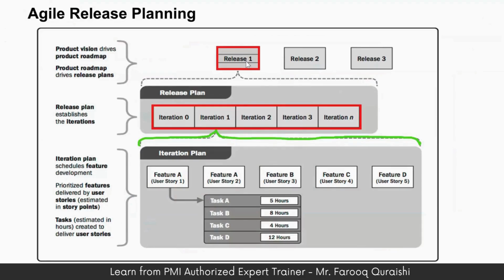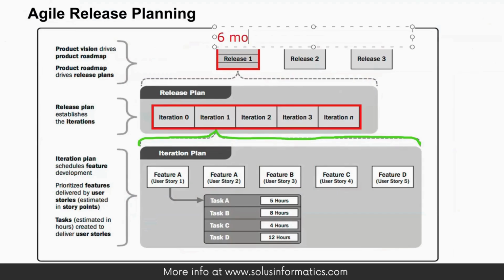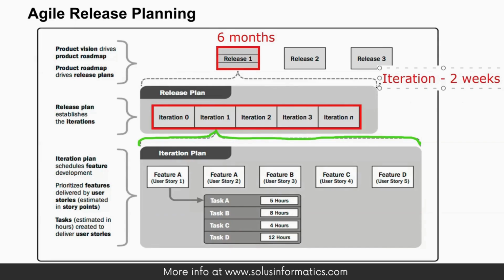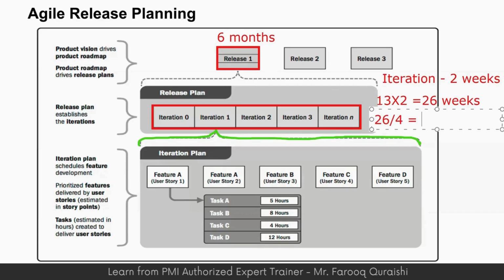How many iterations there should be per release is typically driven by the project schedule. If the release is 6 months and each iteration is 2 weeks, then you would need 13 iterations. 13 times 2 weeks is 26 weeks, and 26 divided by 4 comes to closely 6.5 months.